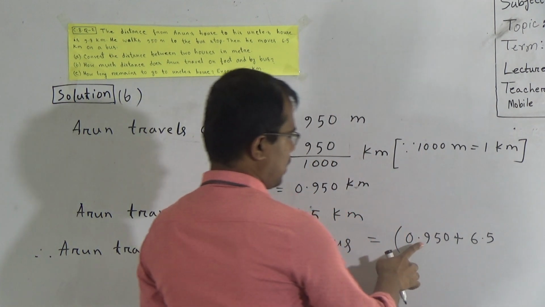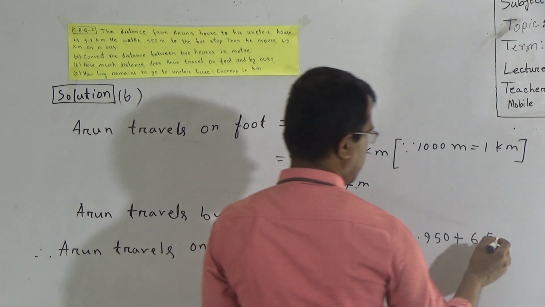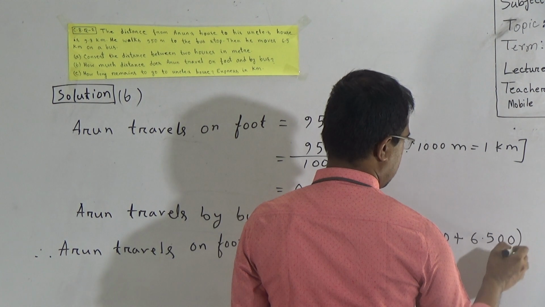Here in this number, after the decimal sign 3 places exist, so we also will give 3 places here: 1 place, 2 place and another place.